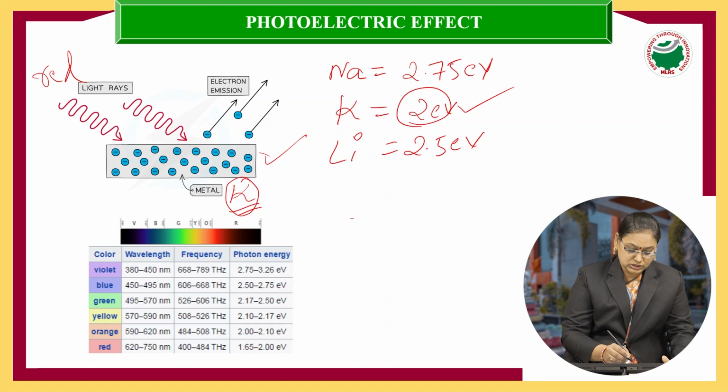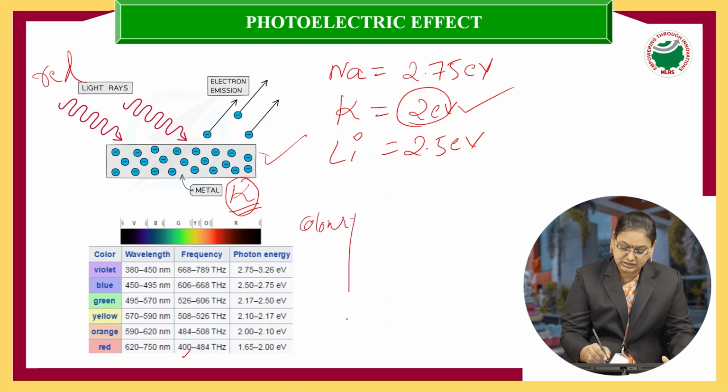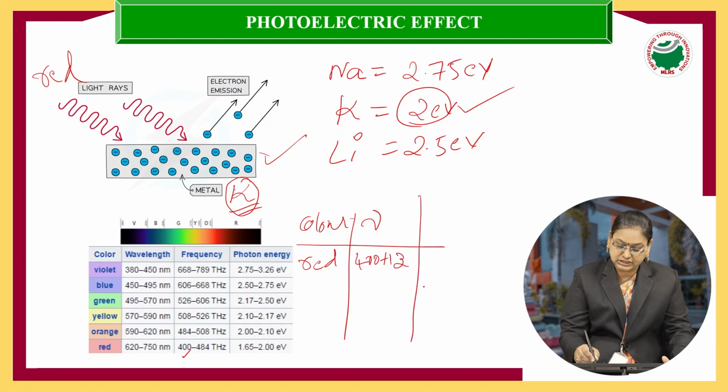So what is the frequency? From this table you can see the frequency of red light. First we have made red light fall on the metal. What is the frequency of red light here? It is 400 Hertz. If you know the frequency, you can calculate its photon energy.